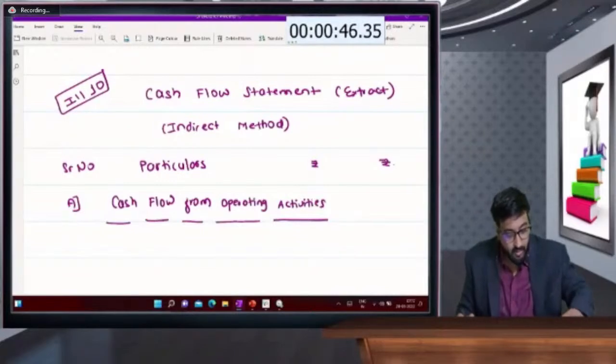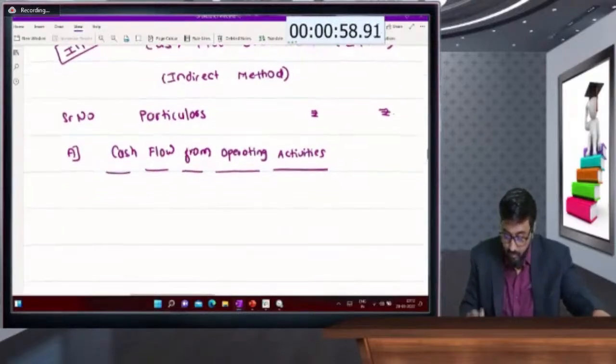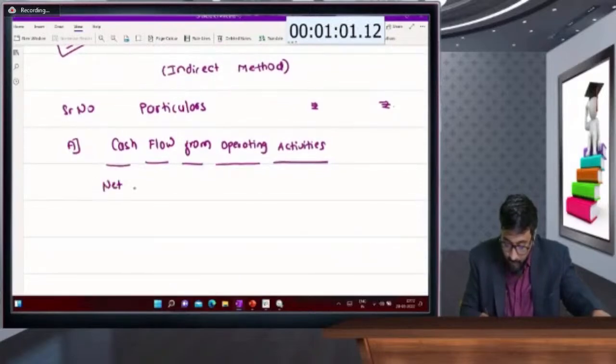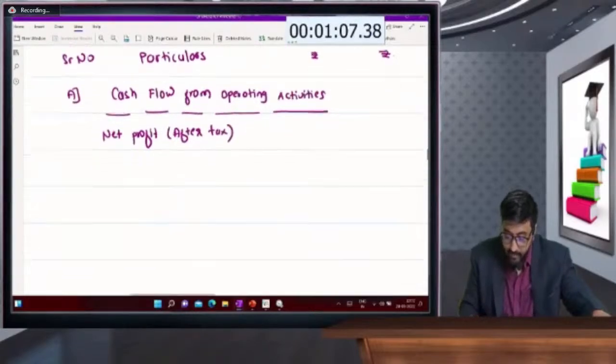You can write down all these things fast. Net profit after tax.